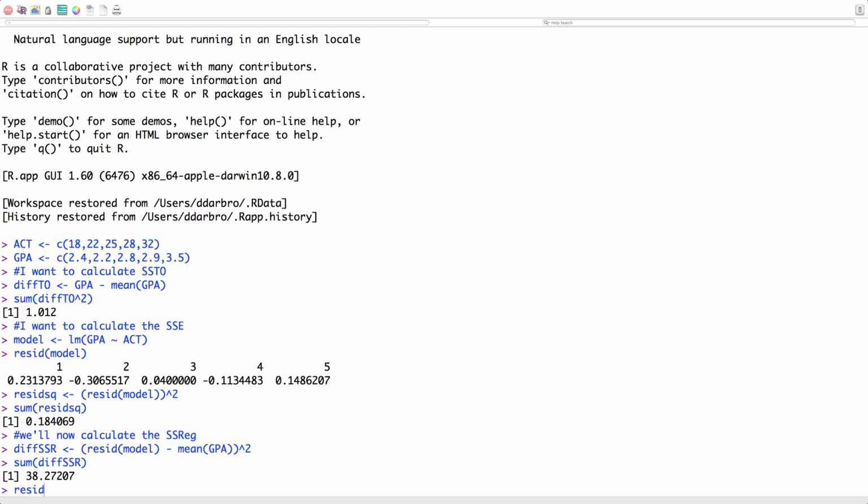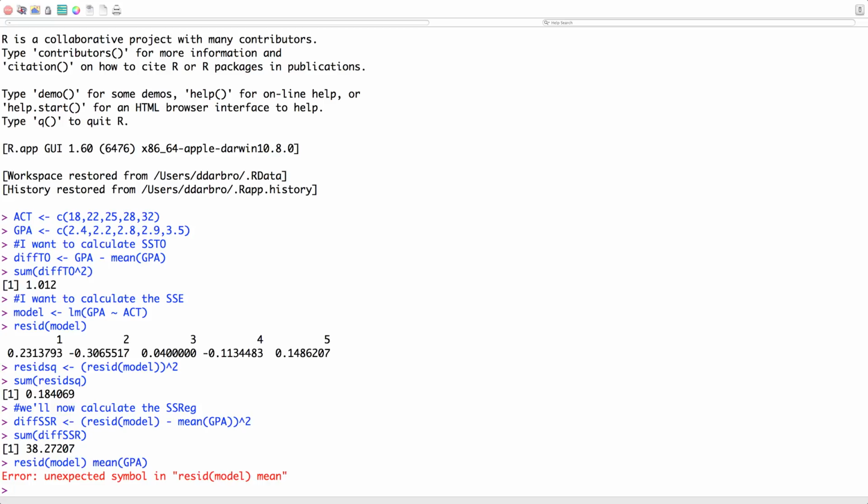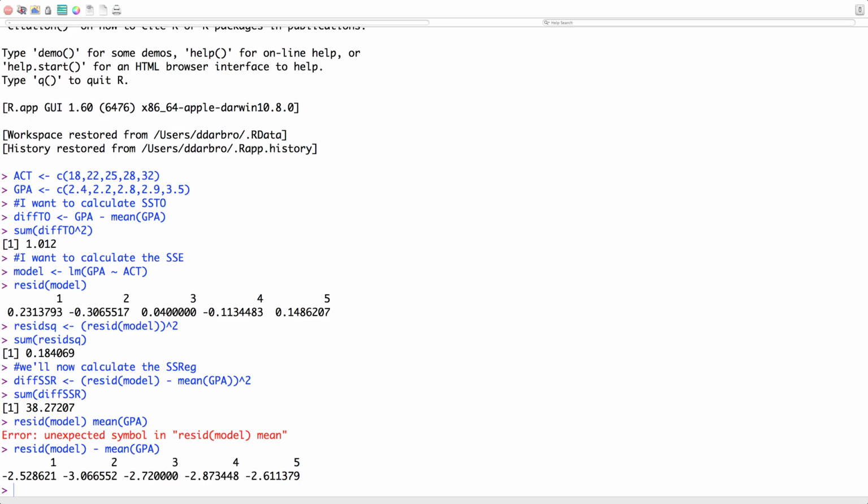Okay, so let's take the residuals for our model minus the mean for GPA.